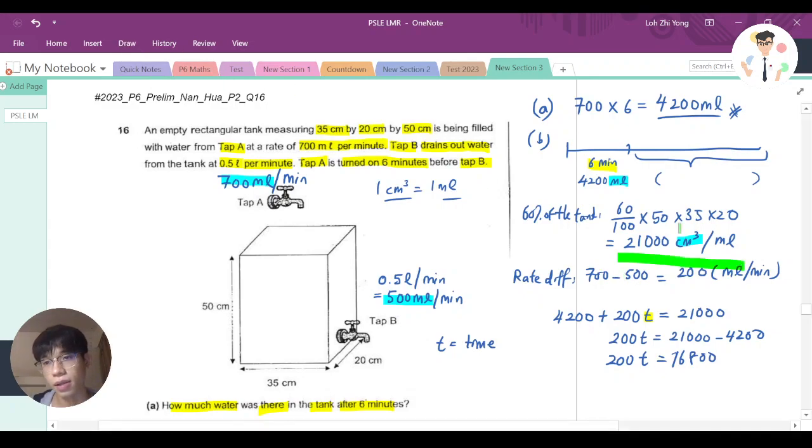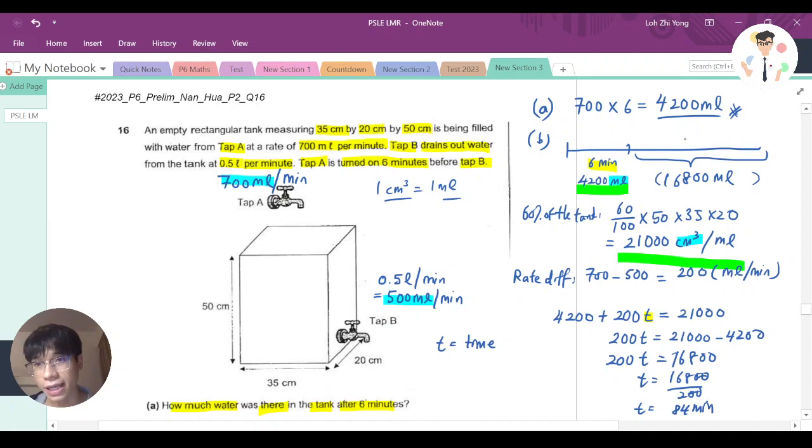I have already this kind of water inside. Then how much water do I need? Then you know it is 16,800 ml. But I know in 1 minute I can only enter 200. So how many minutes? So I just divide. 16,800 divided by 200. You will find that it's equal to 84 minutes.